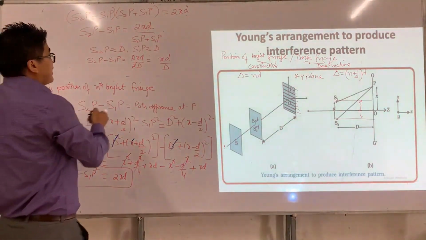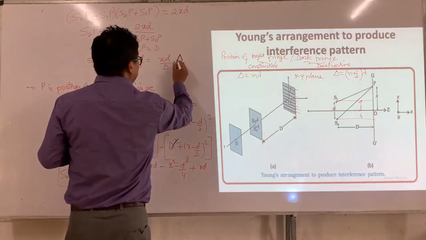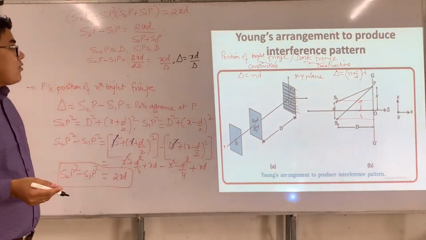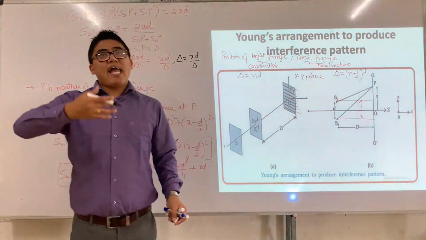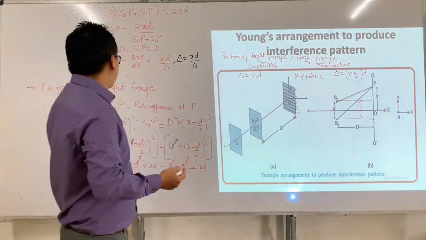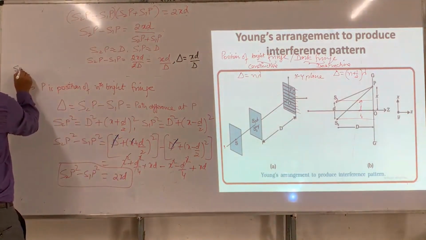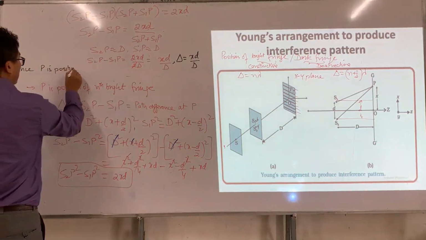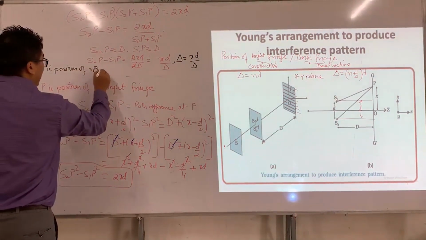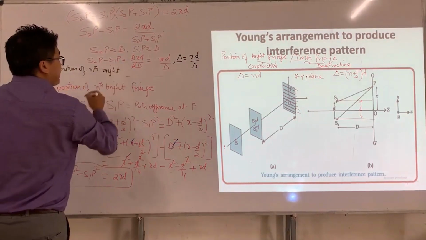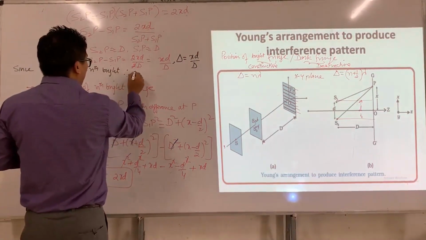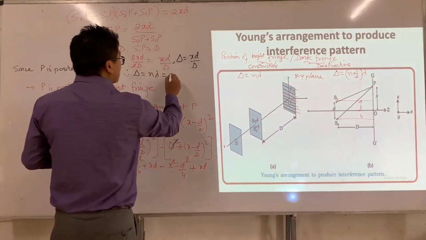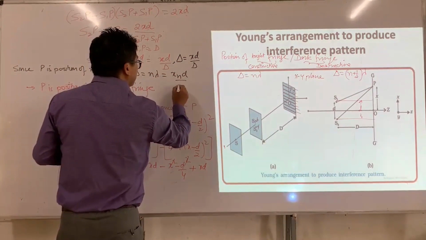Now, since P is a position of n bright, the path difference must be equal to n lambda, which is equal to xn d divided by d.